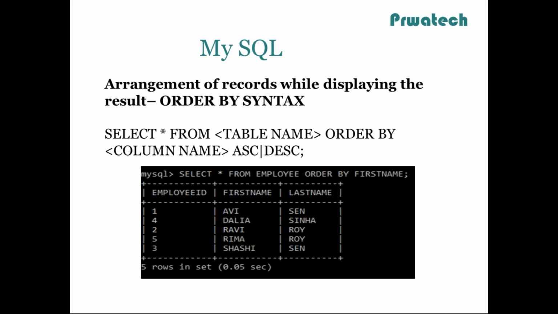So here it shows employee ID, first name, last name, but everything has been arranged in ascending order with regard to first name, because when we do not put any ascending or descending order, by default it takes the ascending order. Now let's move on to the next syntax.